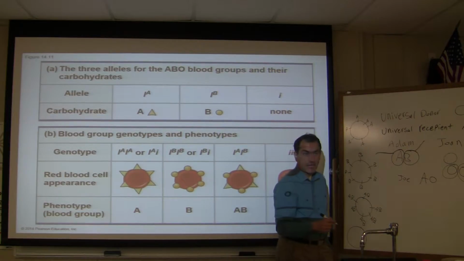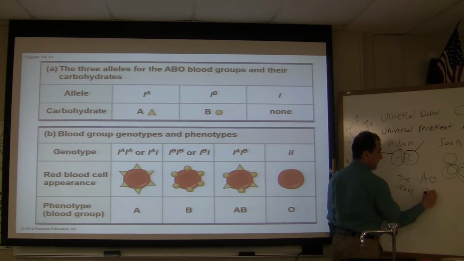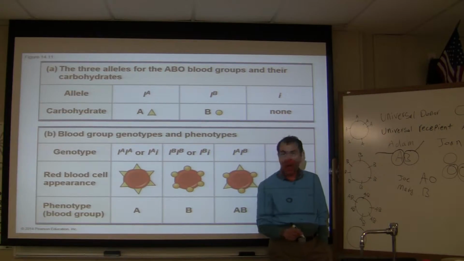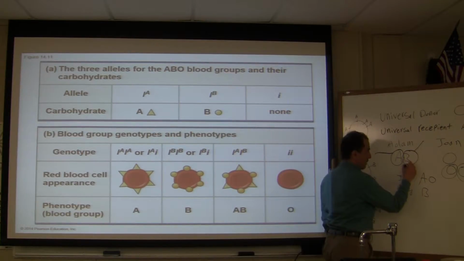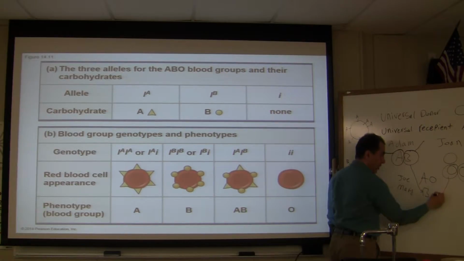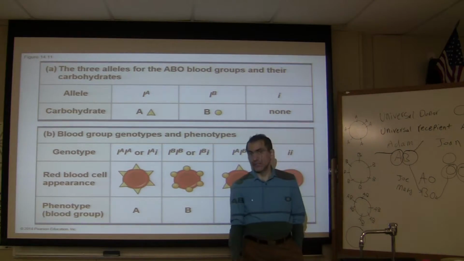Can their second child, Mary, have blood type B? No. Adam gives off B in his sperm, and Joan gives off O, so it is their child.